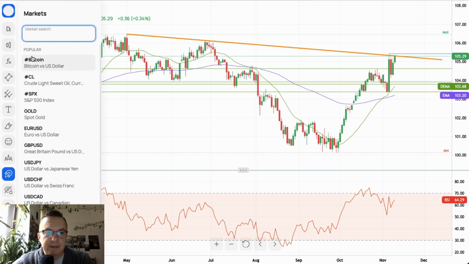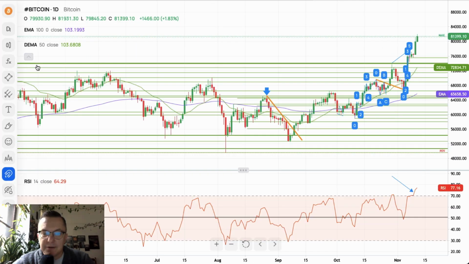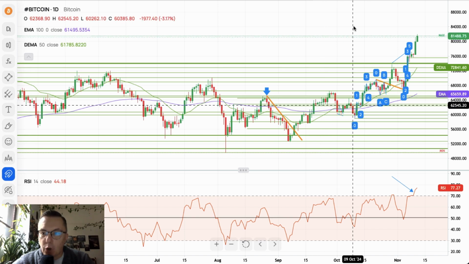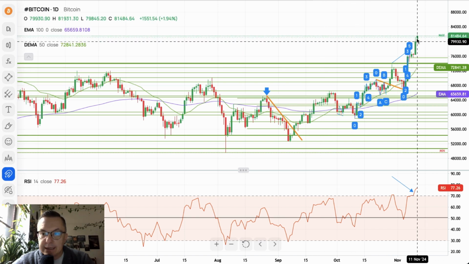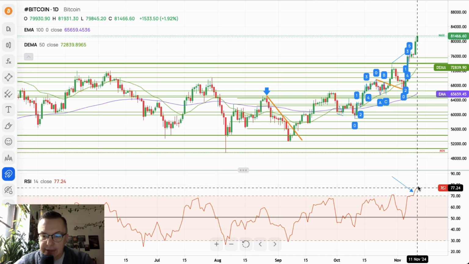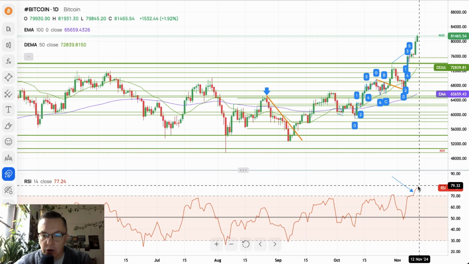So last but not least, the king of all recent trades, the king of all recent assets, Bitcoin. Bitcoin is at the all-time high, just trading above $80,000. Local high is 81,931. So the market conditions are extremely overbought already, but Bitcoin doesn't care.